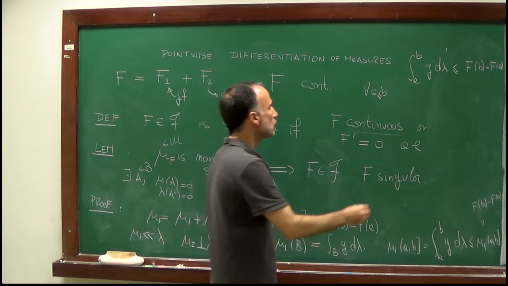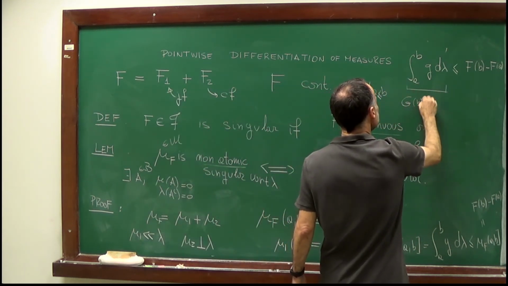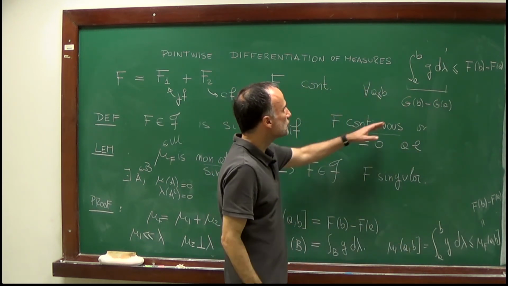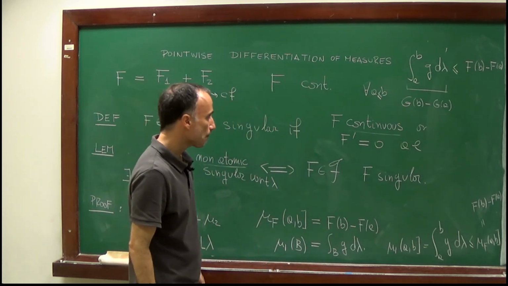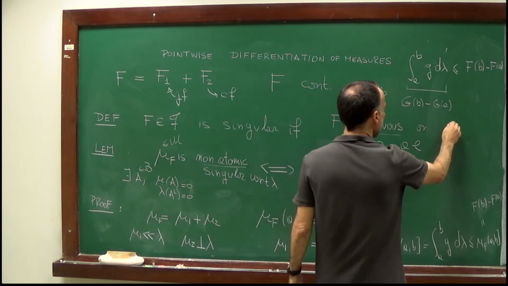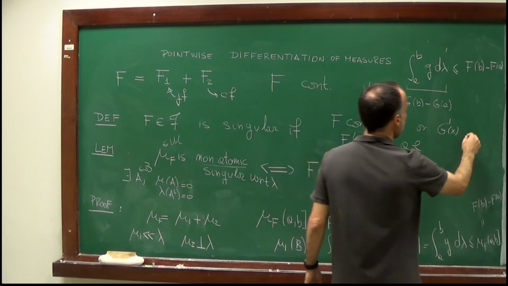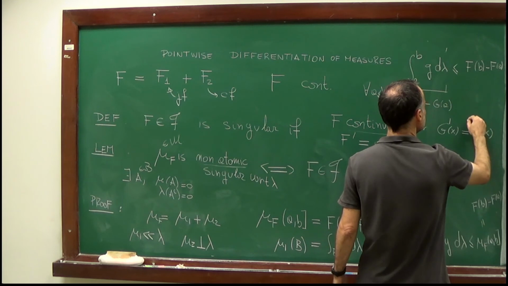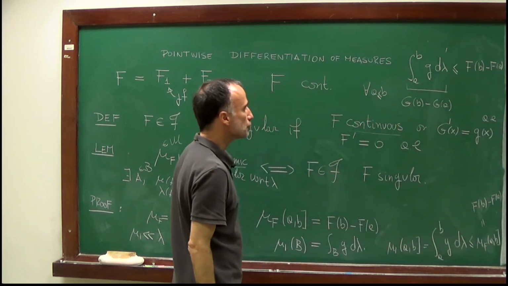Okay? So let me call capital G the integral of this small g, so G(b) minus G(a) is the integral of g. And what we know is that G prime of x is almost surely equal to g of x.